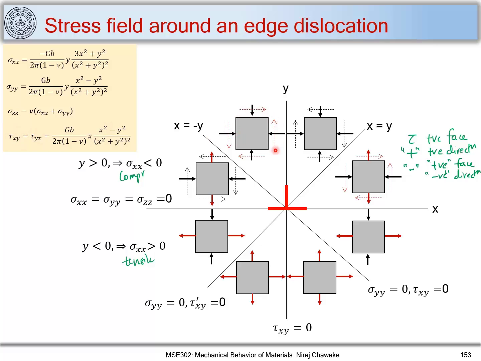So we have positive shear stress at this location, so we have marked the positive shear stresses on this element. And similarly, you can mark the shear stresses on every other element here. So we have marked the nature of sigma xx, sigma yy, and tau xy, where sigma z is along the direction perpendicular to the screen.